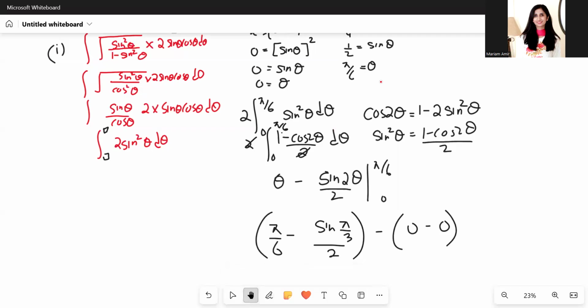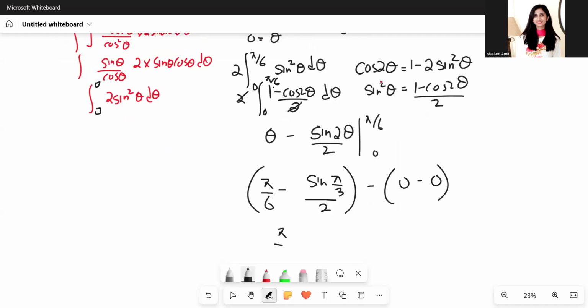So this gives us pi by 6 minus root 3 upon 2 as our final answer. Okay, I'm sorry, this will become pi by 4 because there was already a 2 in the denominator. So that's the final answer.